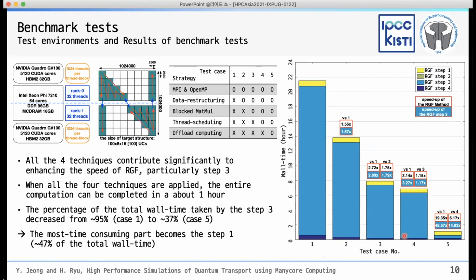Is it correct? Sorry, I can't understand exactly. So my question is that case number 5 greatly improves the performance by GPU acceleration offloading. So here the KNL Manycore does not do so much work and everything is offloaded to the GPU. Is it correct?